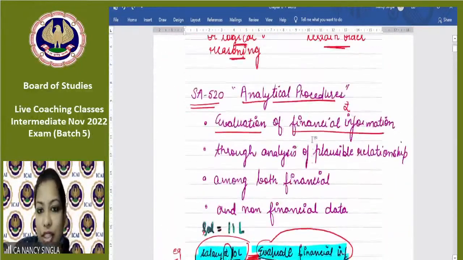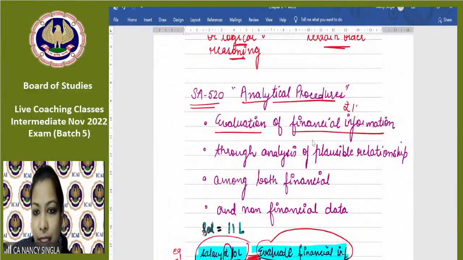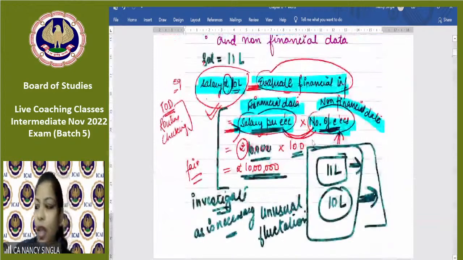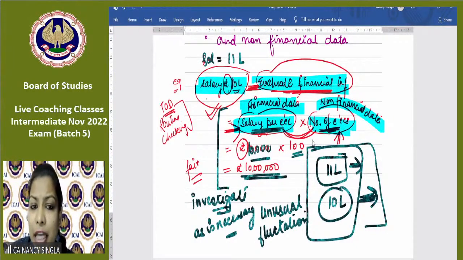This is the financial information, okay, from the P&L, through analysis, study of. Now, tell me, when the auditor is analyzing this financial information, he asks the management to provide him with two data, that is salary per employee and number of employees.